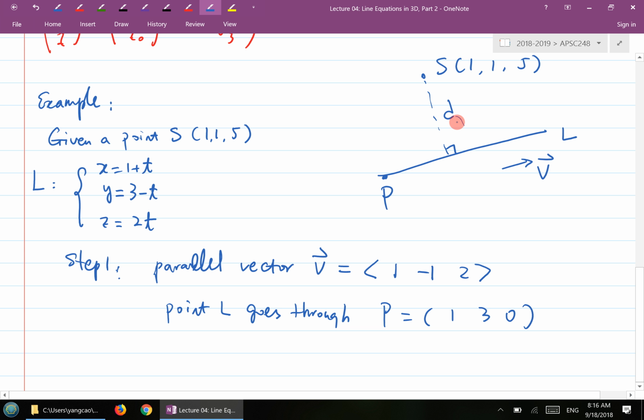So here is the length we're looking for. If I want to use that type of thinking, then I have to find a vector and then project into that direction in order to get this shortest distance d. That makes sense? That's one way I can make use of that concept. So let's think about that approach for now, and then I'll give you a couple more examples.